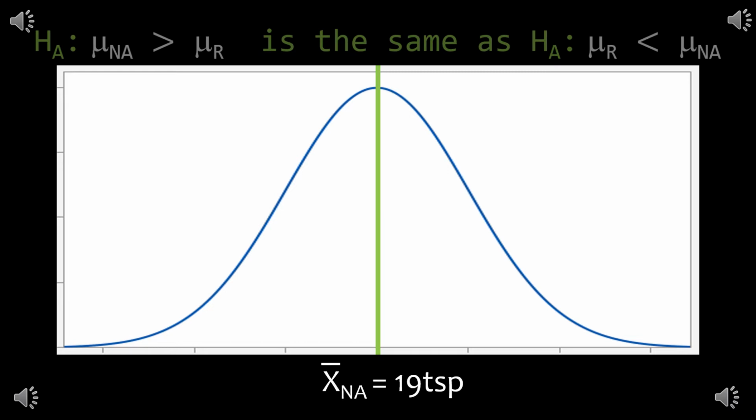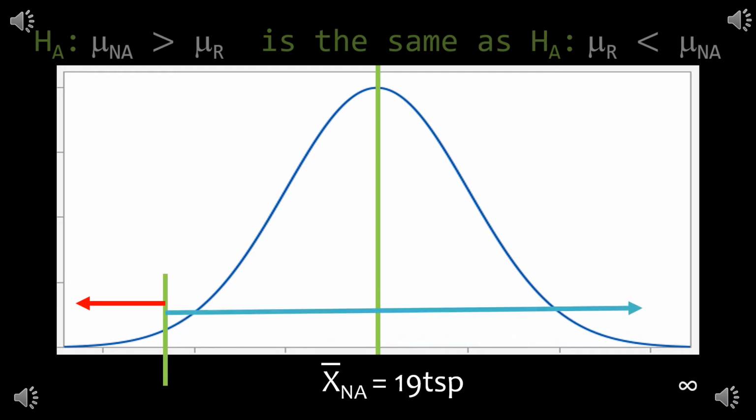The mean for Native Americans is 19 teaspoons. So if the recommended mean, like her alternative hypothesis says and her research hypothesis says, is less than that, then we need to cut to the left to determine whether mu recommended is so much lower than 19 teaspoons that we would not expect the mu for the recommendation of 6 teaspoons to be the mu also for Native Americans.